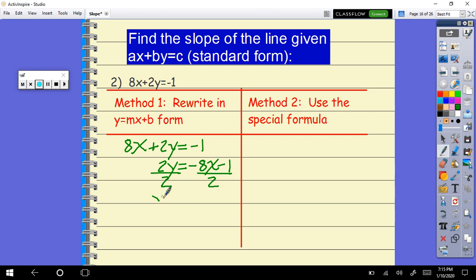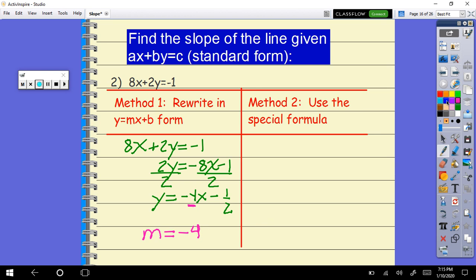I get 1y on the left. Now, on the right, I have negative 8 over positive 2. That would be negative 4x. And I also have negative 1 over positive 2, which is just negative 1/2. Then I can say, oh, okay, the slope is right here. So the slope is negative 4.